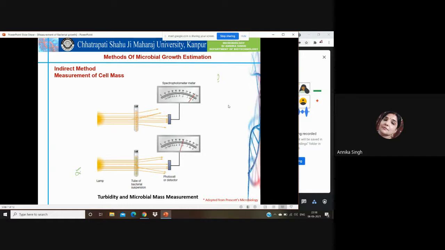Another approach is to determine the microbial dry weight, in which the cells growing in liquid medium are collected by centrifugation, washed, dried in an oven at a particular temperature and weighed. This is useful for measuring the growth of filamentous fungi, and the drawback is that it is time consuming and not a very sensitive method.